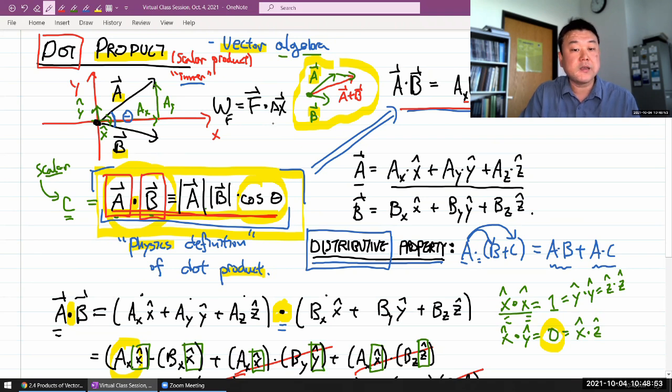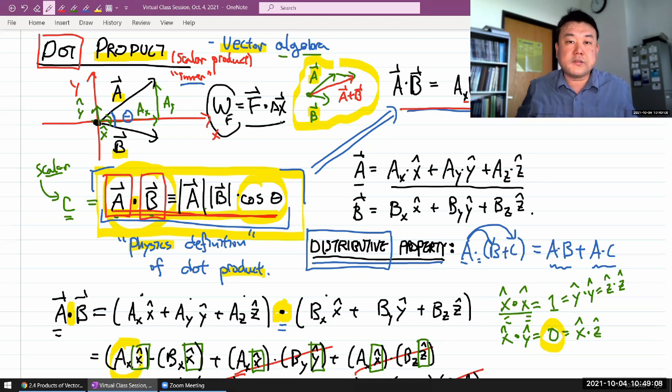Both are vectors, and the way we define that product, it'll give us a scalar. So work is a scalar quantity, and this is the first time we really needed that product to describe some physical quantity that we are interested in. So here we are.